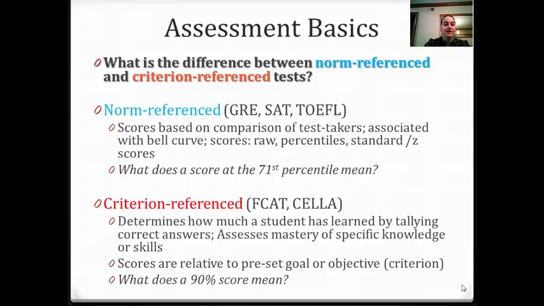As you can see, the scores are relative to a preset goal or objective, a criterion. At some point you all have to take the general knowledge test. That's actually a requirement for 4081. On that test, there is a preset goal for a passing grade.